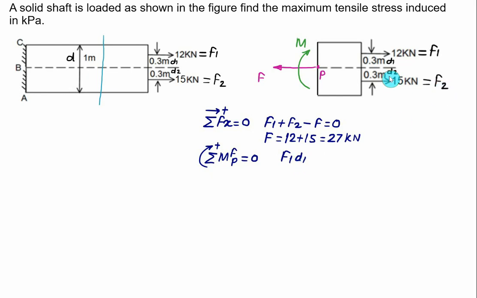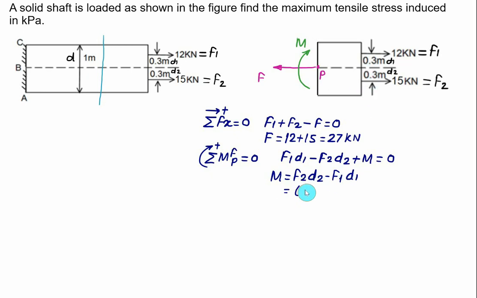F2 multiplied by d2 is a negative value, so we have minus F2 d2. And we have assumed here that M is a positive value, so you have to take the positive sign for M. It must be equal to 0. So we get M is equal to F2 into d2 minus F1 into d1.